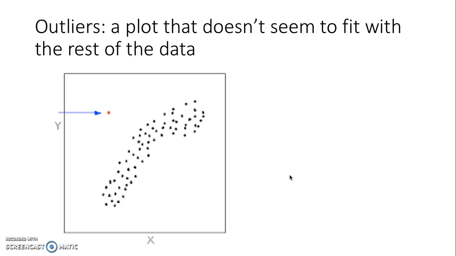Alright, another thing to remember with scatter plots is sometimes we have a plot that doesn't seem to fit with the rest of the data, and that's called an outlier. As you can see on this one right here, we have all of them that are very grouped together, and then this random one out here. Sometimes that happens when we were doing our hula hoop experiments. Sometimes maybe you accidentally dropped the hula hoop a whole bunch of times for one example, and the rest of them you were rock star.